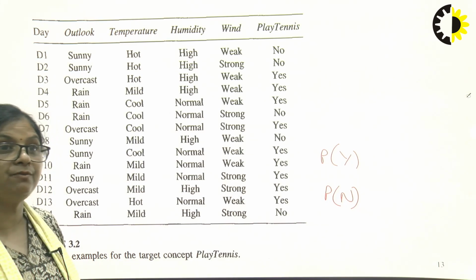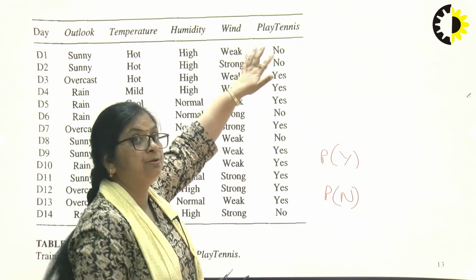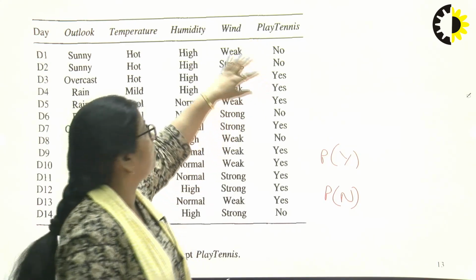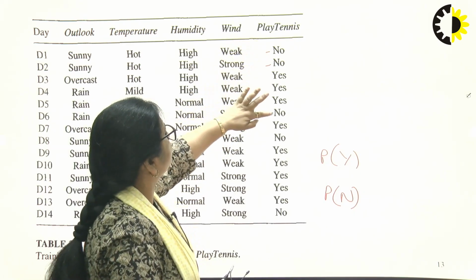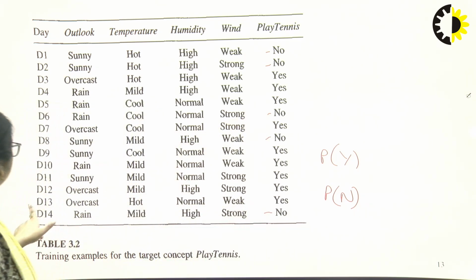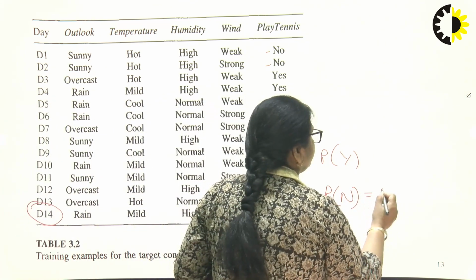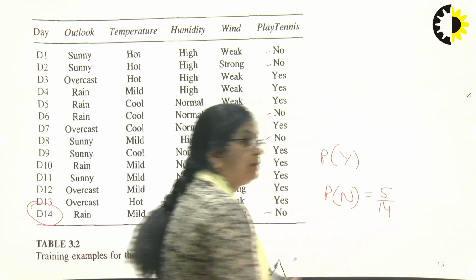What experience do we have? In these cases it is no. How many cases do I get for no? 1, 2, 3, 4, 5. How many total are there? 14. So, the probability of no is 5 by 14, that is the prior probability.